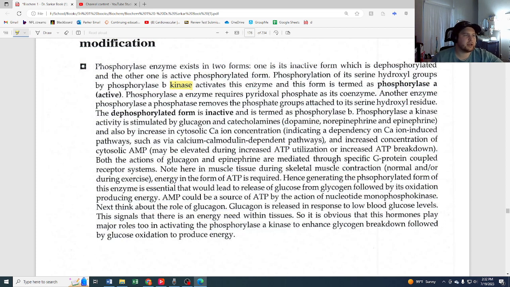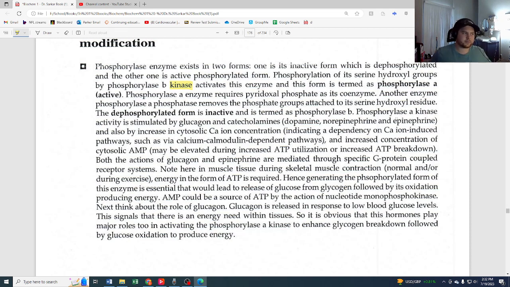Phosphorylase A requires pyridoxal phosphate as its coenzyme. Another enzyme, a phosphatase, removes the phosphate group attached to its serine hydroxyl residue. The dephosphorylated form is inactive and is termed phosphorylase B.